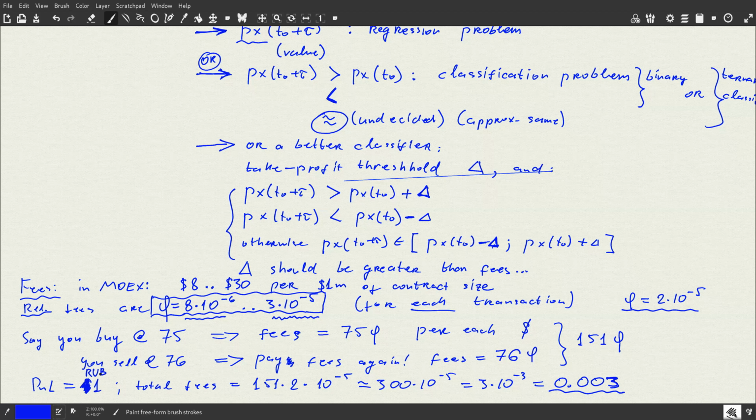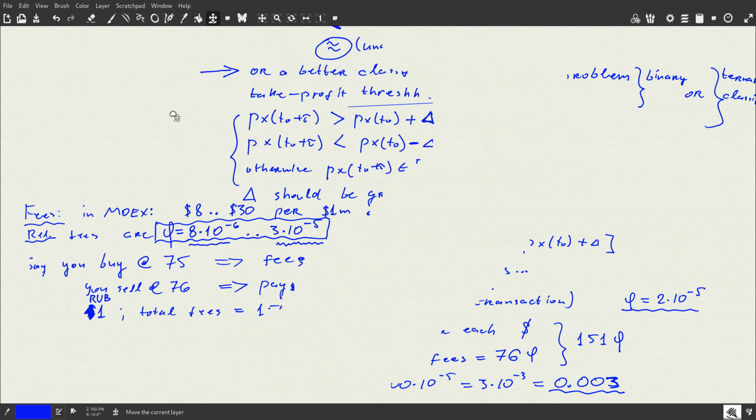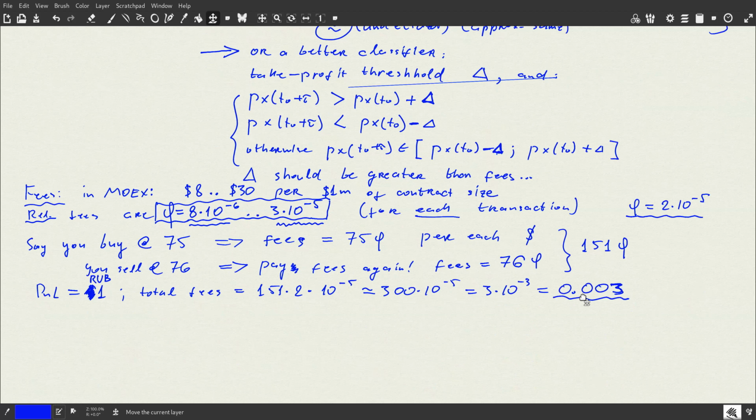And the fees which you pay in this case are relatively small, so they appear to be 3 10 to minus 3 in this particular case of what? Of ruble as well.